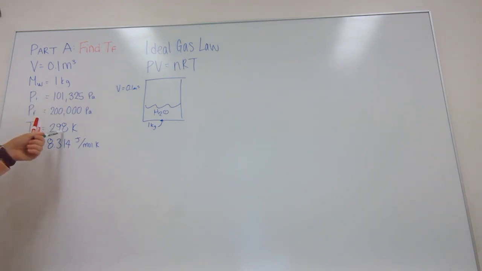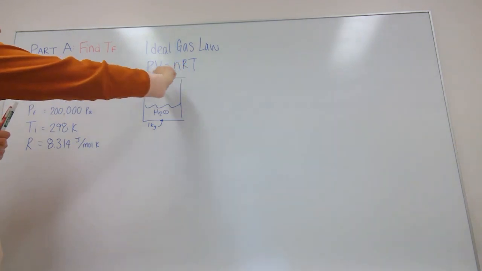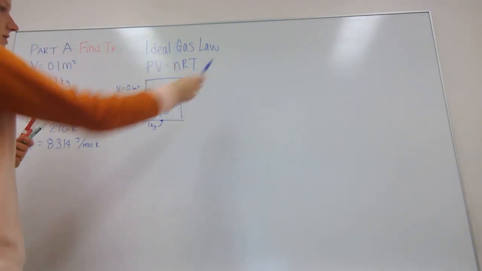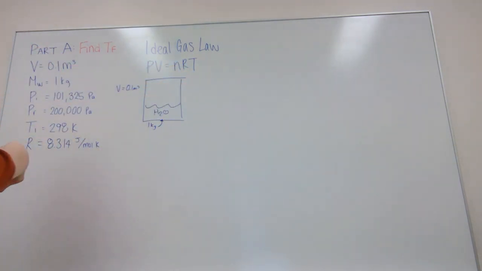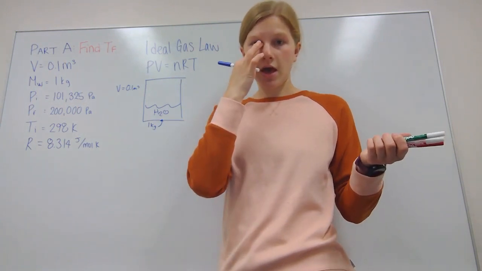And we're starting at room temperature in Kelvin, and then this is our gas constant, which we will have to use in this equation, so PV equals nRT. And so that is what we are going to use to figure out what the final temperature needs to be in order to raise the system up to 200,000 pascals. So that's essentially where we are going with this.